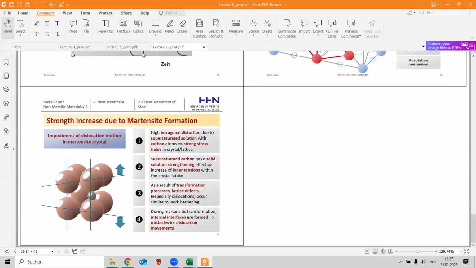Supersaturated carbon has a solid solution strengthening effect, increasing the inner tensions within the crystal lattice. As a result of the transformation process, lattice defects, especially dislocations, occur during martensite transformation. Internal interfaces are formed, so obstacles for dislocation.